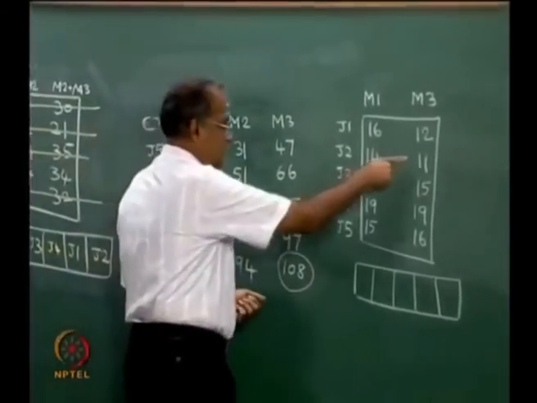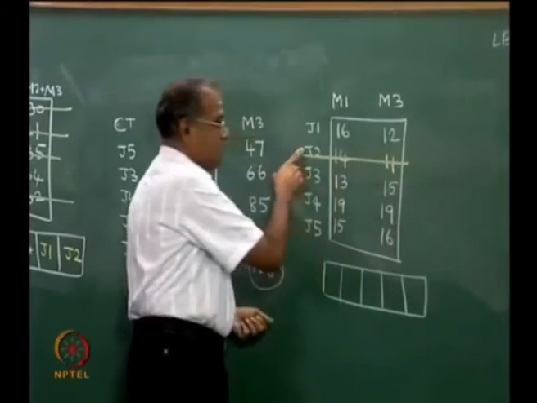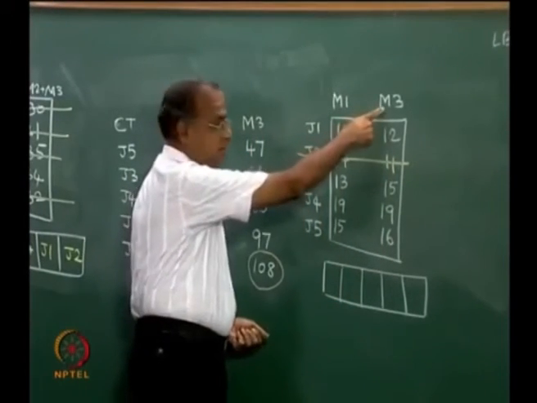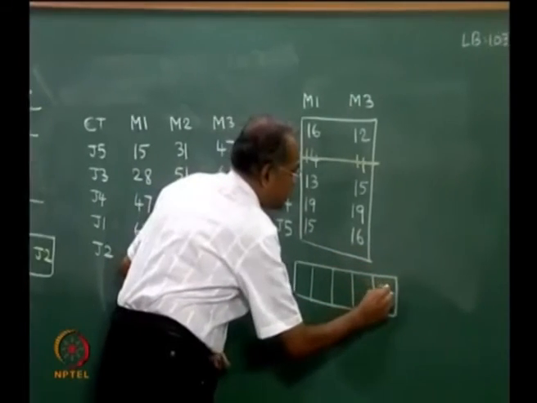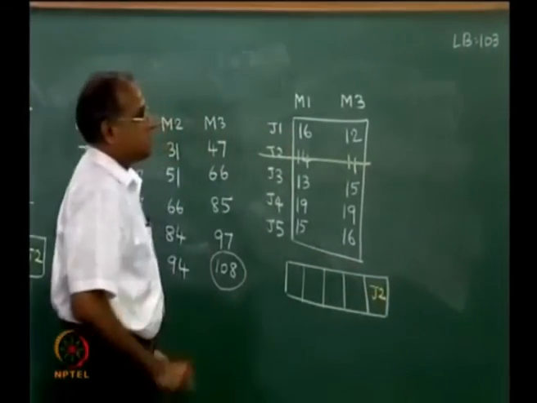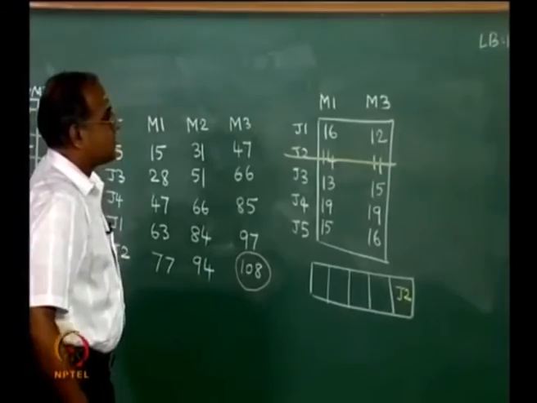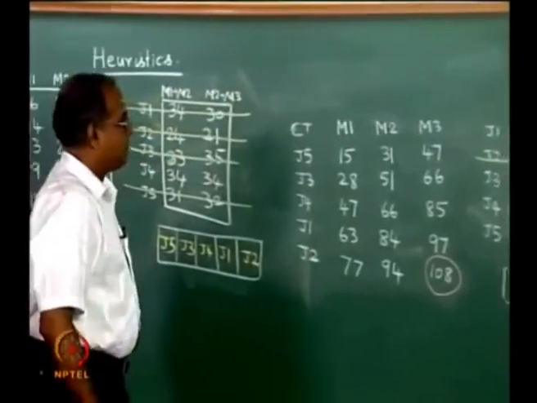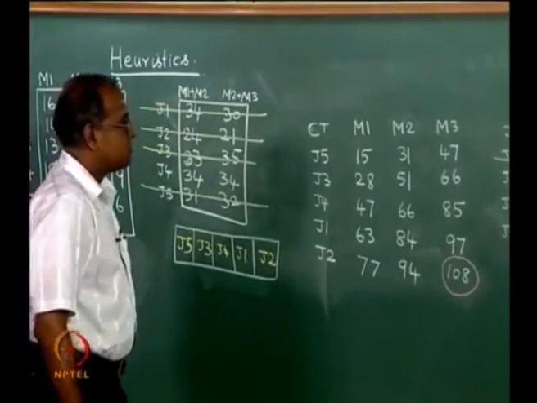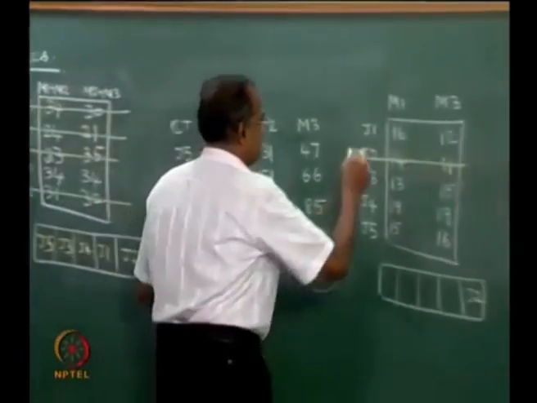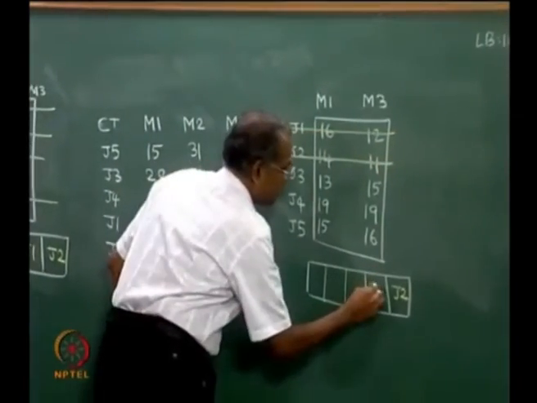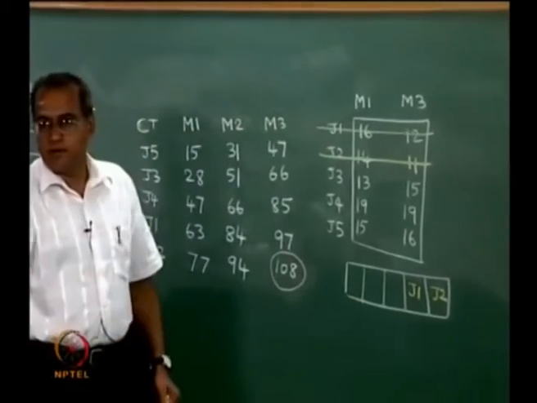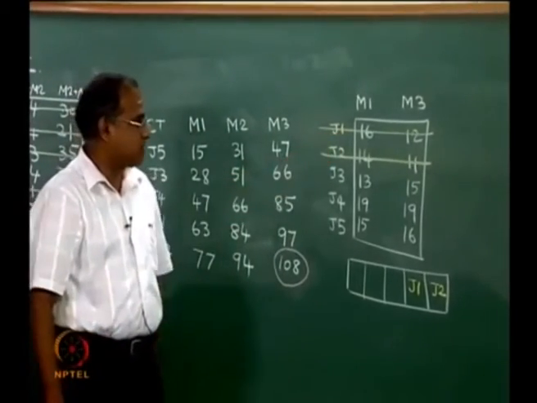The smallest one is 11. So, J2 is on the second machine, so it comes here. The next smallest is J1, once again from the second machine. So, J1 comes here.